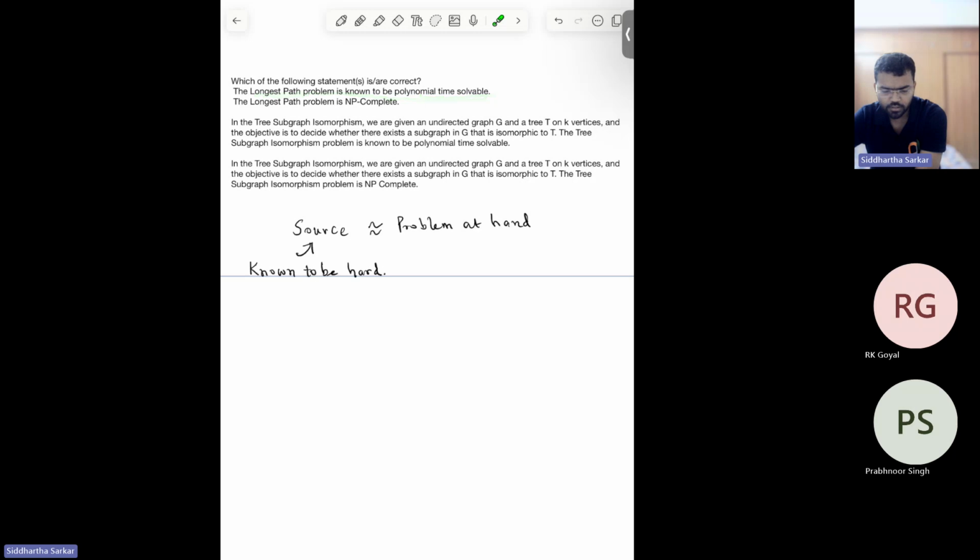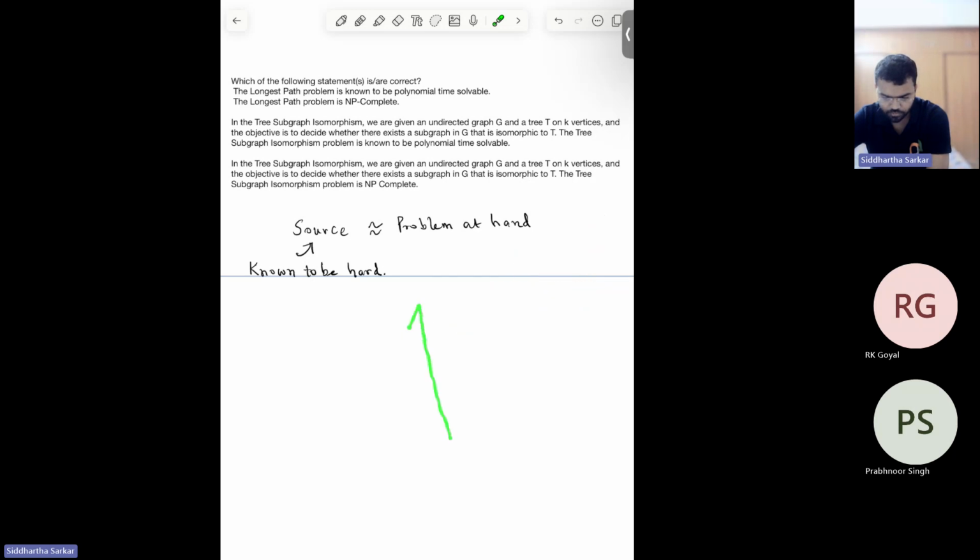So let us say we will reduce the Hamiltonian path to longest path. Then somebody might ask where the Hamiltonian problem is reduced from.